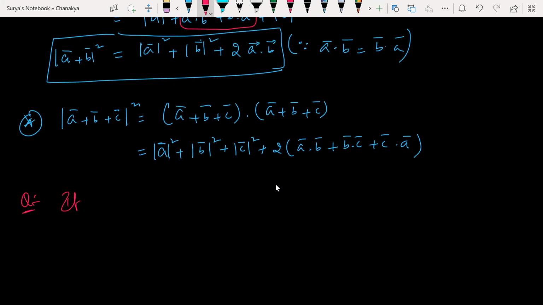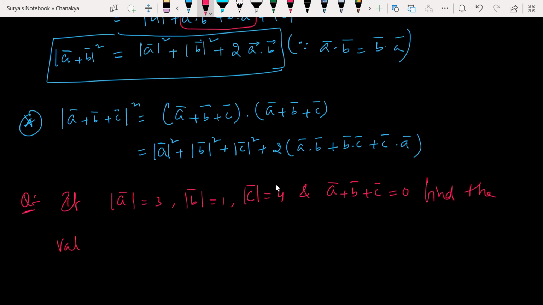Okay, if magnitude of vector a is equal to 3, vector b is equal to 1, vector c is equal to 4, and a plus b plus c is equal to 0, then find the value of a dot b plus b dot c plus c dot a.